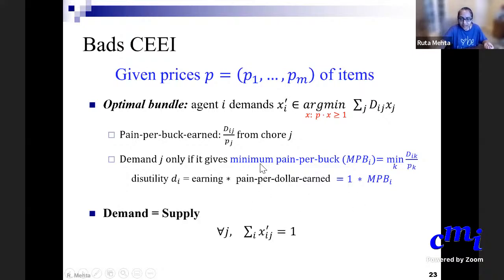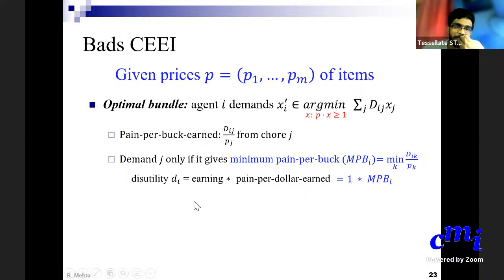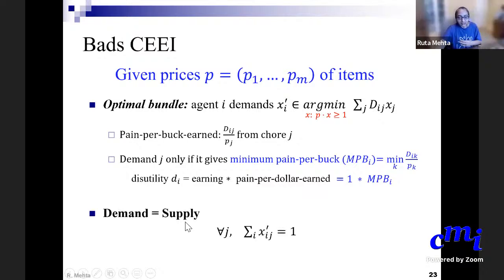Okay, so is this point clear that they're going to only demand those chores that give them minimum pain per buck? Is that okay? So far so good, I think. Okay. So then we also have to have that supply equals demand. So the point is that supply should equal demand, and dissolution of every agent is going to be just minimum pain per dollar or minimum pain per buck.